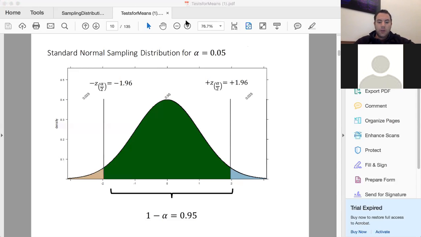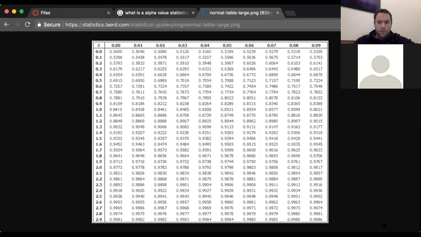So I can show you how a normal distribution table looks. So this is how a table of normal distribution values looks like.